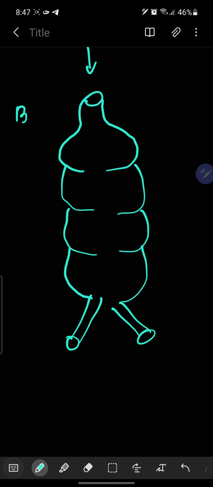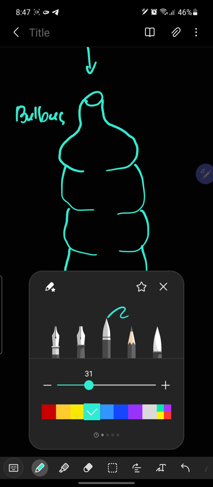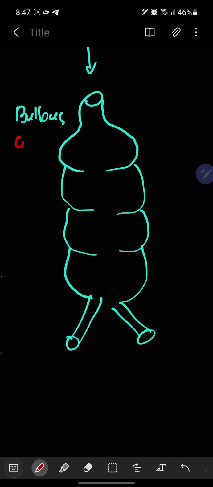This is bulbus cordis. This will form primitive ventricle.